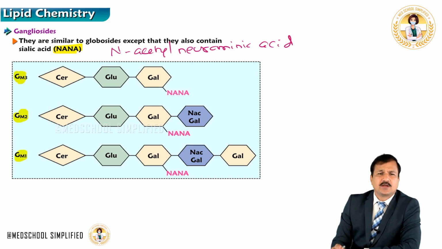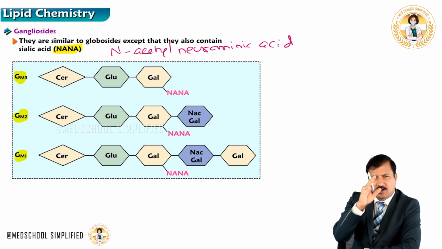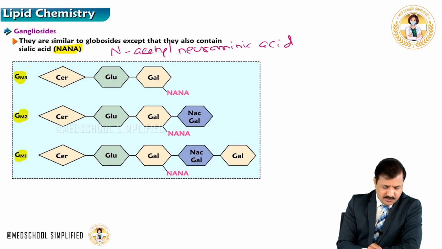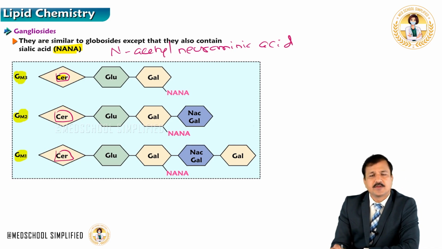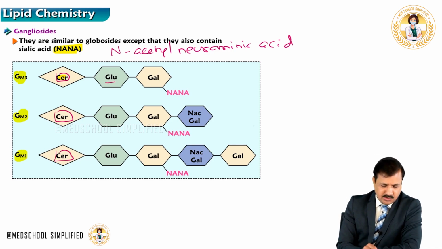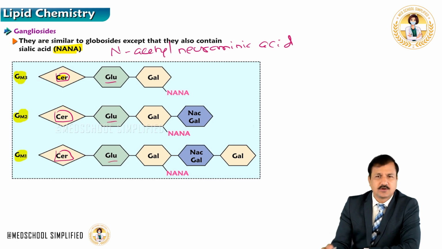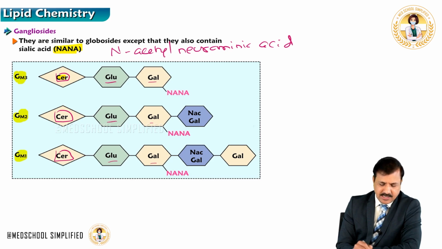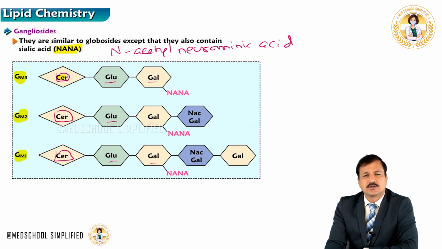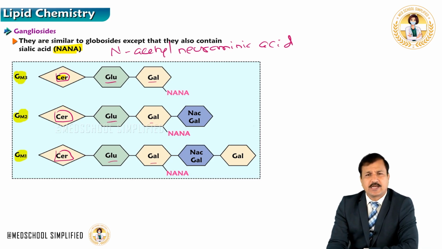As you know, ceramide is the basic structure, so all of them contain ceramide. And then all of them contain glucose. Then all of them contain galactose. That is common. So that means ceramide, glucose, galactose.